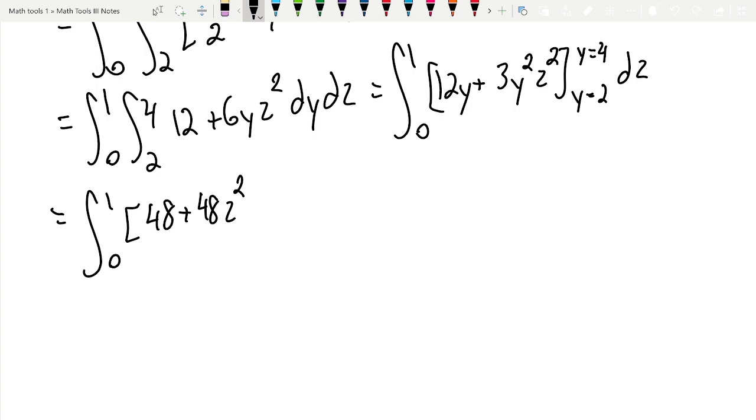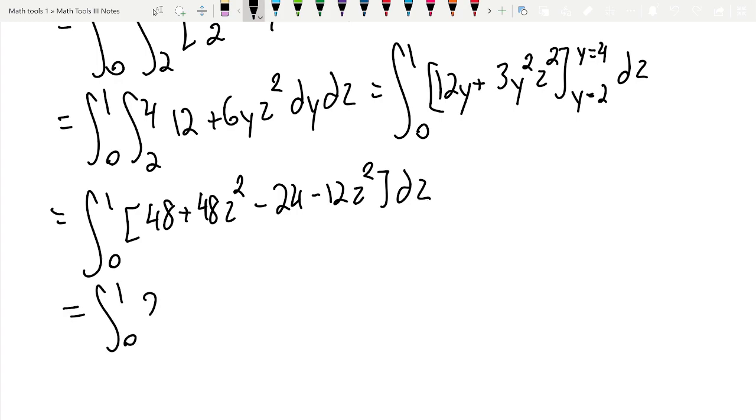I think I did that right, yeah. Minus 24, and then minus 12z squared, dz. So we'll go ahead and simplify that again. So we have 24 plus 36z squared dz.